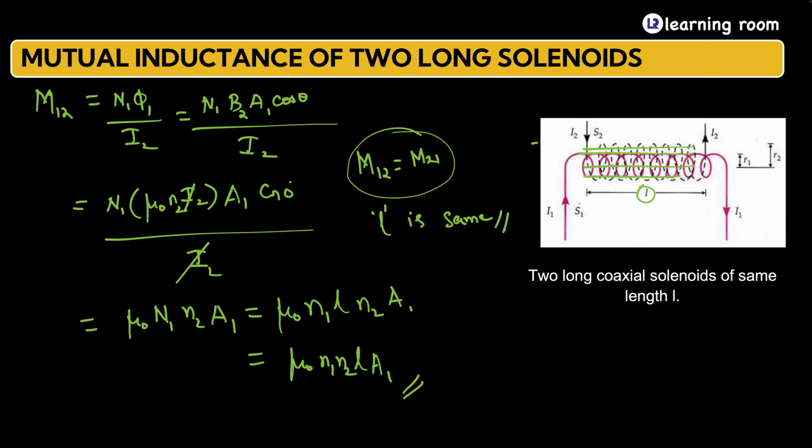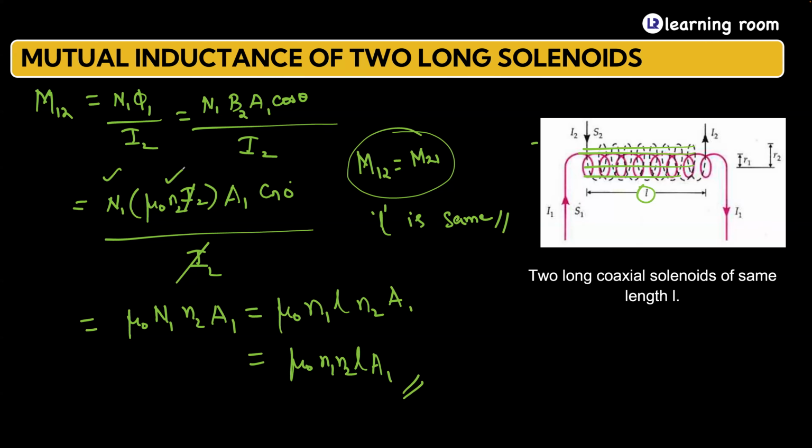It is decided by the area, not by the length. And you have the number of turns coming in this way. But fortunately, though you have the number of turns to be different here, N2 and N1 different, the product of those two is coming out to be the same. That is what is happening mathematically.